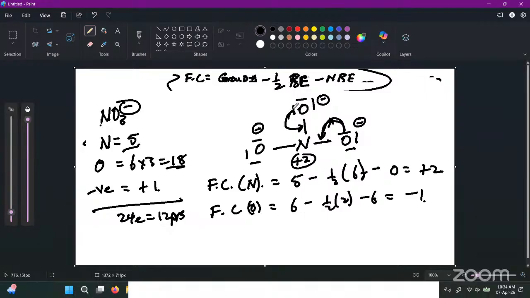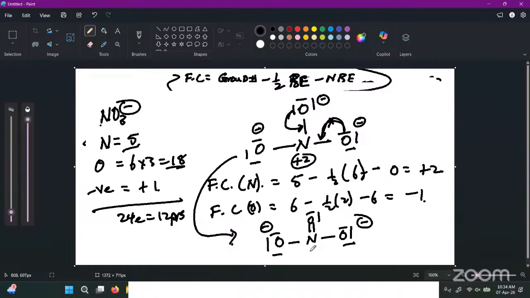So we can only move one pair of electrons from here to here. So I'm going to write down the resulting structure. The resulting structure will be this, with minus, minus, and a plus charge here. And that will be the final structure of the nitrate ion.